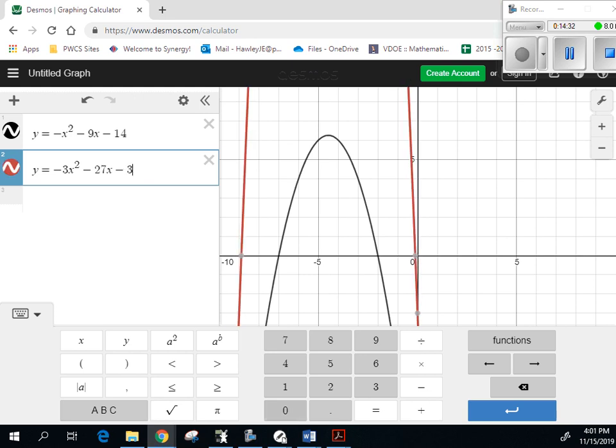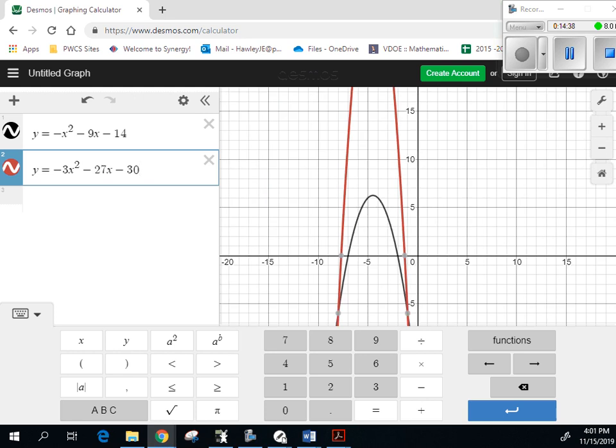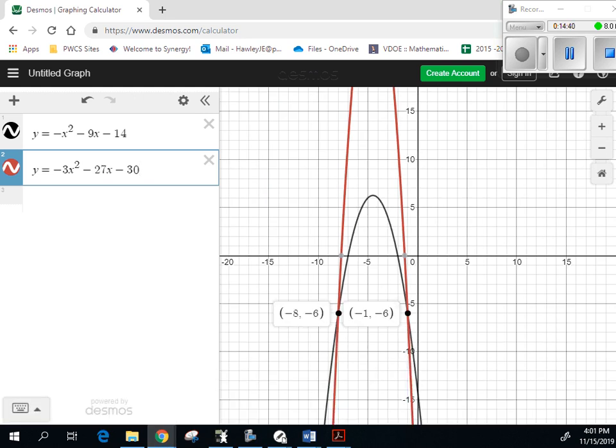Let me zoom out a little bit, and you can see your points of intersection are at -8, -6, and -1.